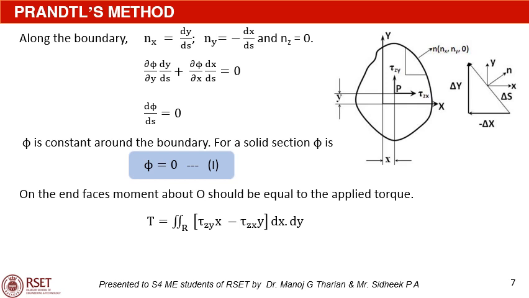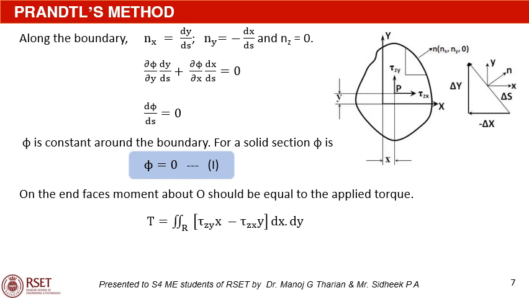For a point on the boundary of the cross-section, the direction cosine nz equal to 0 since the cross-section is perpendicular to the z-axis. The direction cosines nx is equal to dy by ds and ny equal to minus dx by ds, which we have already seen in the Saint-Venant's method. Out of the three equations for boundary conditions, only the third equation exists because all the terms in the first two equations are 0.